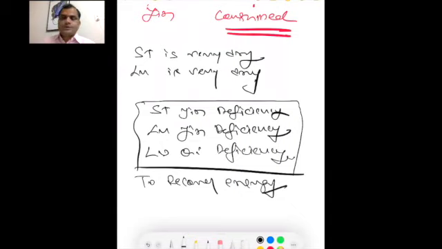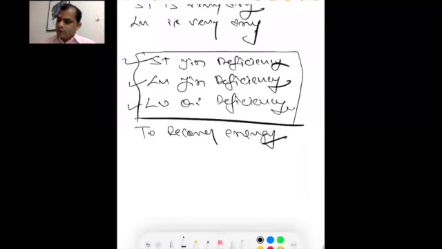So how can we do that? What are the points? What are the points of stomach yin deficiency? What are the points of lung yin deficiency? What are the points of lung qi deficiency? If we apply them, then we can work immediately. So after COVID, we have to do the treatment of these three. So this is the completion.